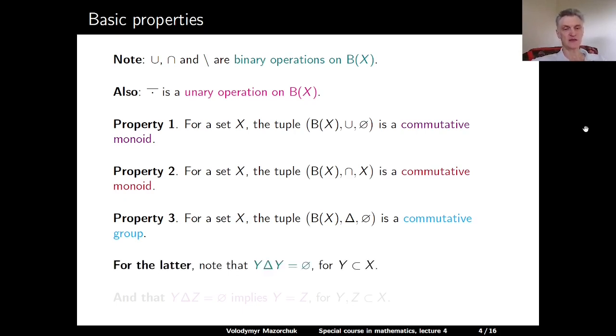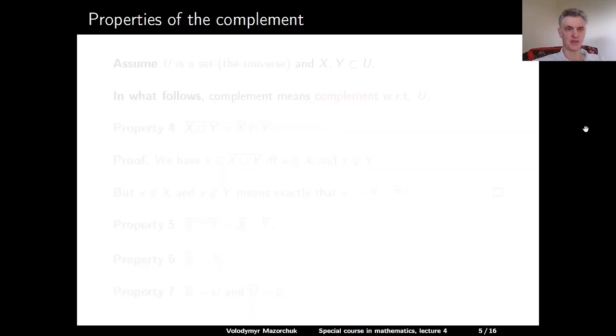And to see that there are inverses where the identity element is the empty set, we know that the symmetric difference of any set with itself is the empty set by definition. And also, if the symmetric difference between two subsets is the empty set, then these two subsets must coincide. So using this, it is very easy to see that property 3 holds.